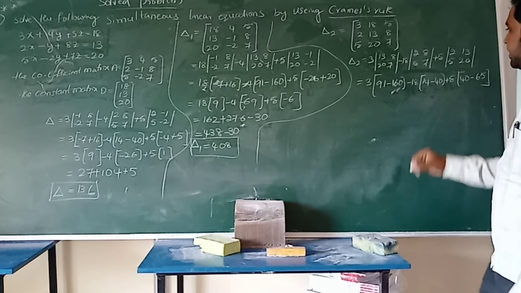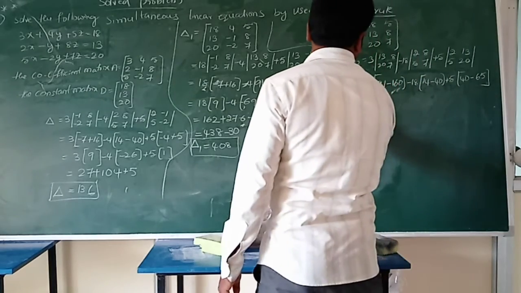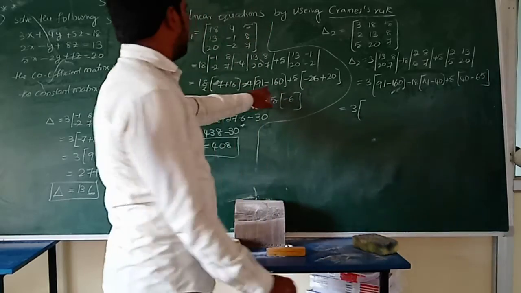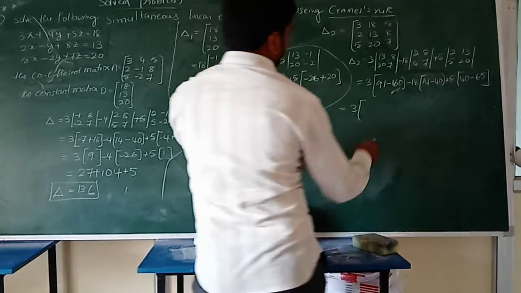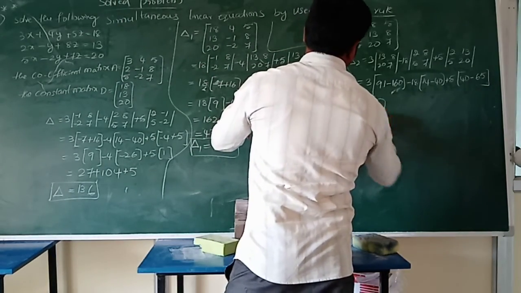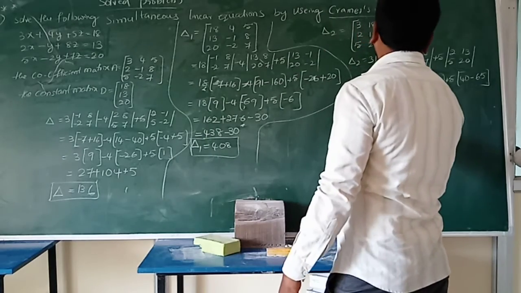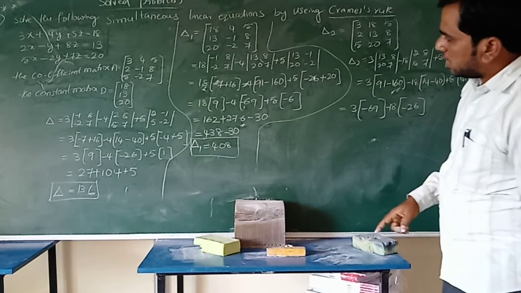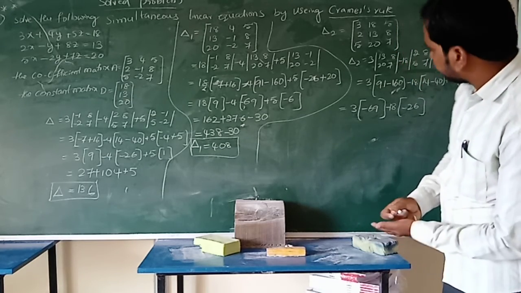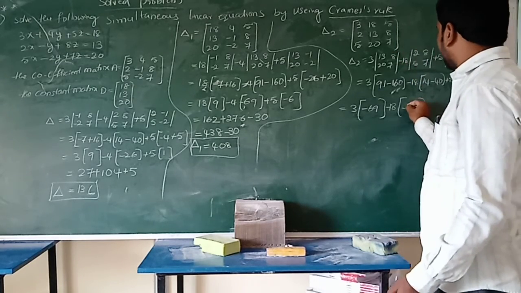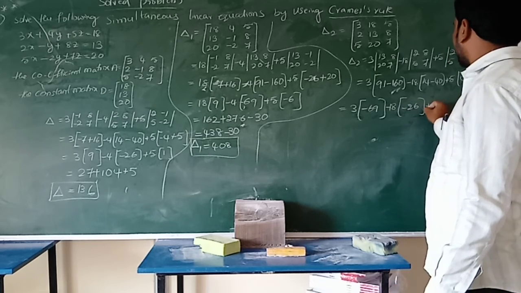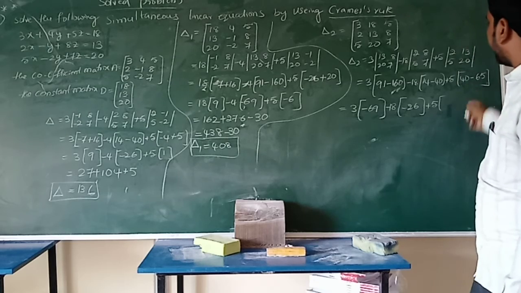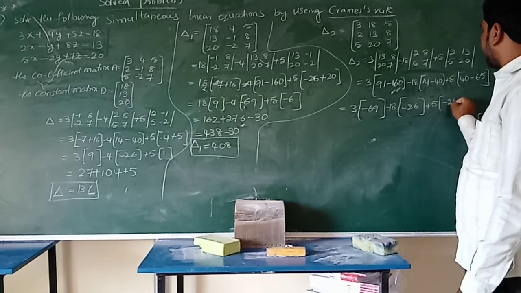Now that is equal to 3 into already 91 minus 160. Already now that is minus 69. This is minus 69. Now minus 18 into minus 26. Already we know minus 26. Now plus 5 into this is 40 minus 65. This is minus 25.